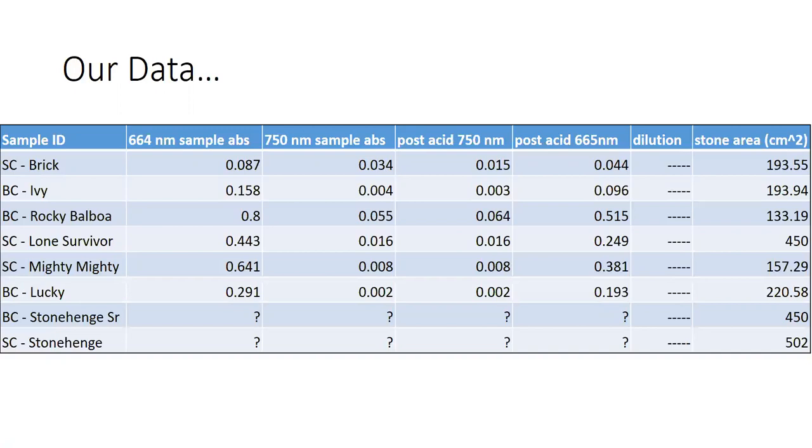And so the acetone is used to actually dissolve the chlorophyll that was in the filters. Then we withdrew about 3 milliliters of that extract in the acetone, put it into the little cuvette, and put that into our spectrophotometer.